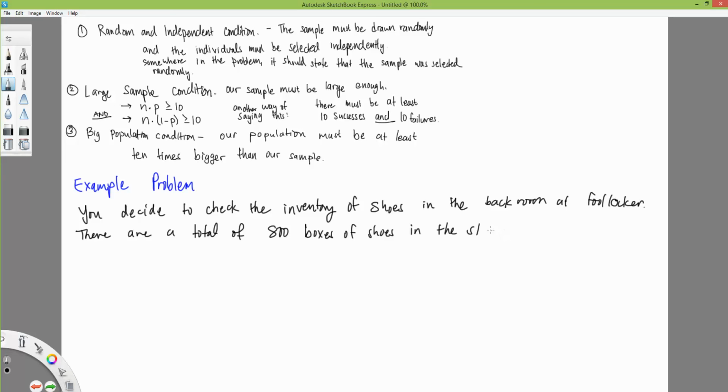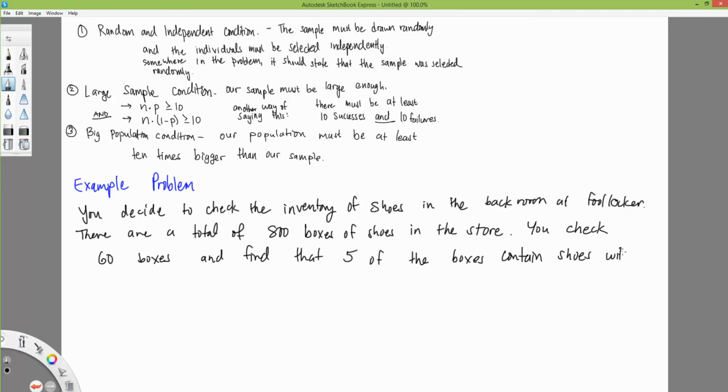You check 60 boxes and find that 5 of the boxes contain shoes with some kind of defect. Defect or, I don't know, scar, stain.